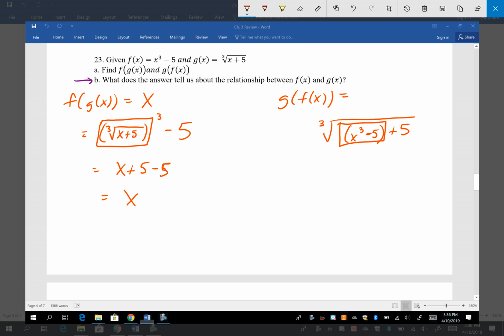What's minus 5 plus 5? 0. So you have the cube root of x cubed, which is x. So they're both x, so what do you write for part B? Great. I think on the key I wrote f of x and g of x are inverses of each other. But you could write they are inverses of each other. That's fine too.